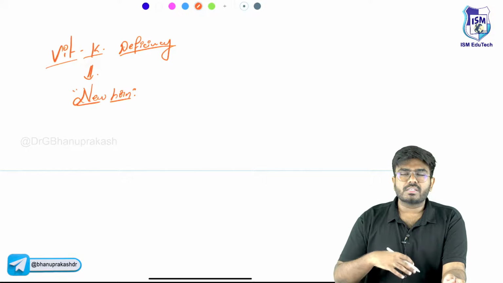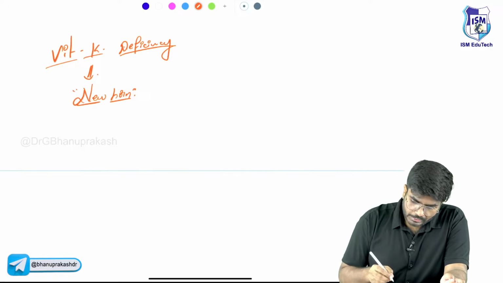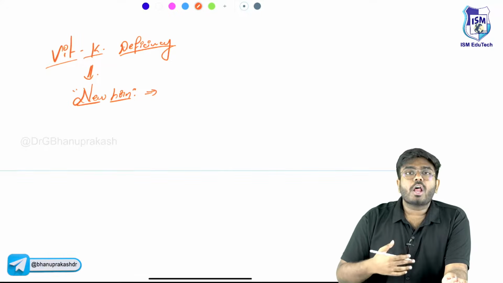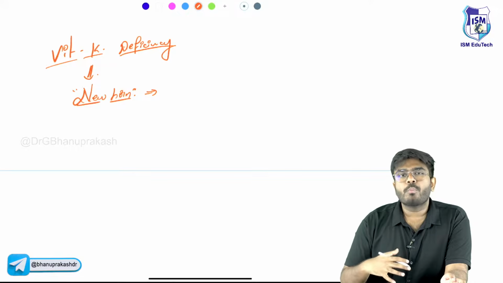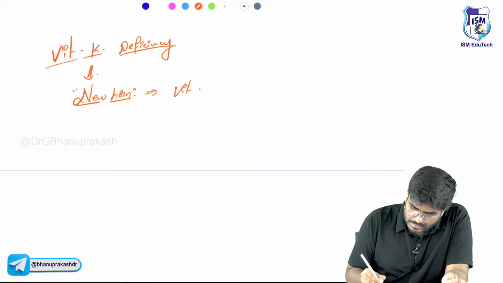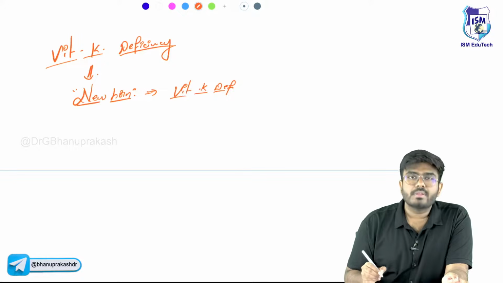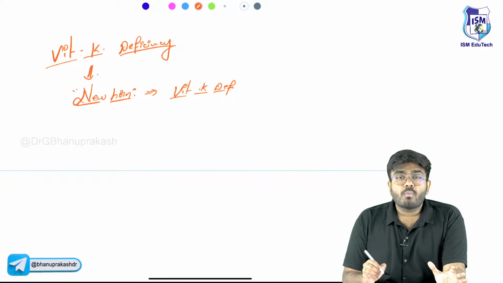The gut microbiota is going to produce the vitamin K. In newborns, the gut flora are not properly developed. There is no proper gut flora. So the newborn can have vitamin K deficiency initially.